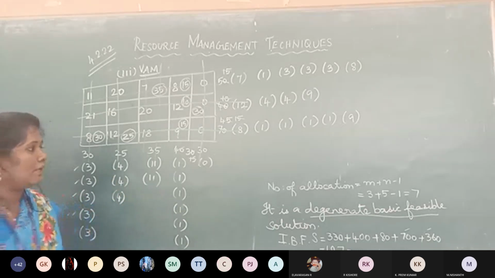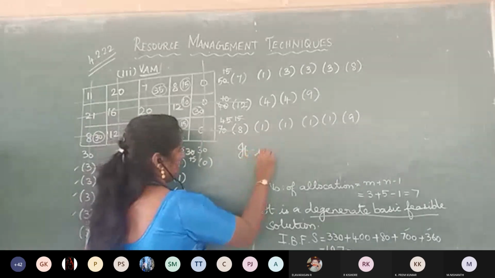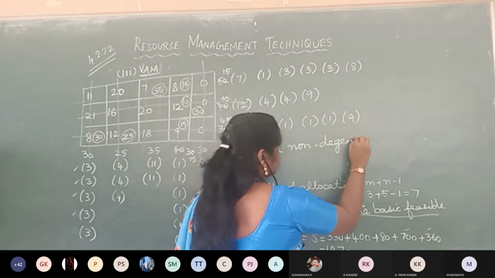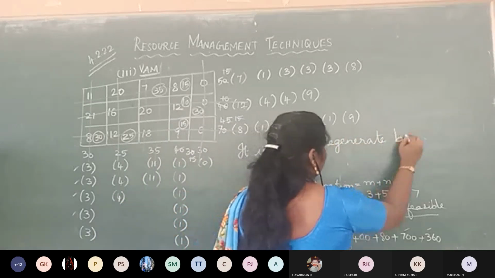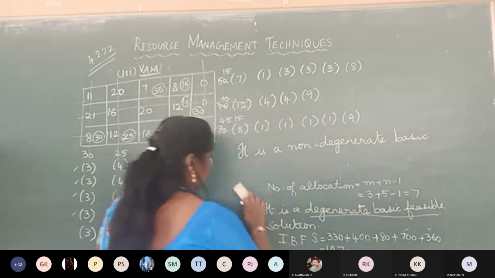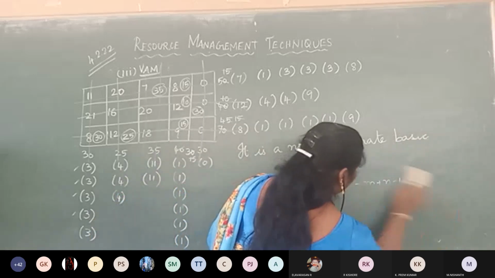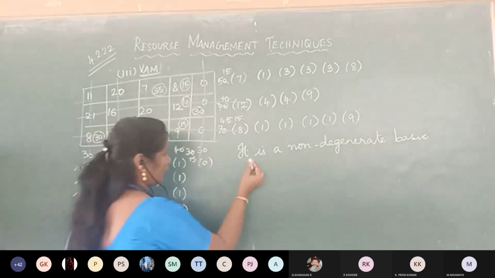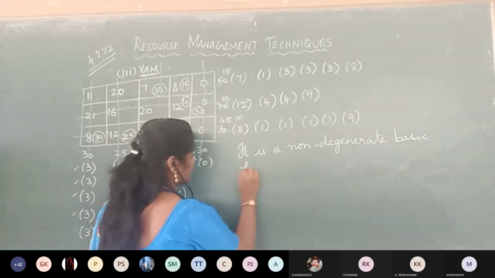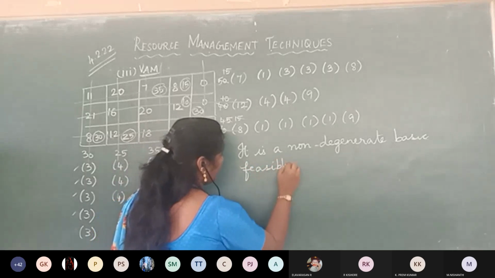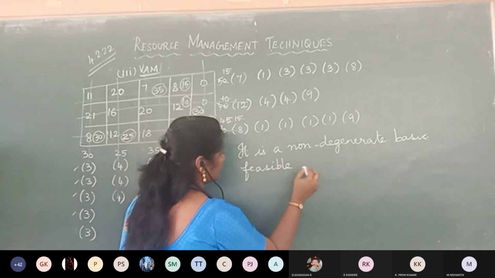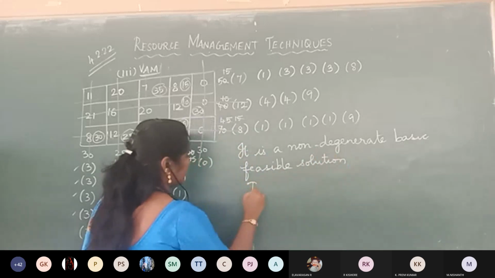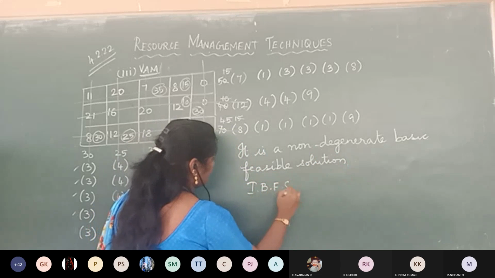Okay, when it is equal, you will write, it is a non-degenerate basic feasible solution. Okay, whereas in your last problem, the same problem you did in your northwest corner method, that was a degenerate basic feasible solution. So this is the non-degenerate basic feasible solution. Then you find out your initial basic feasible solution.